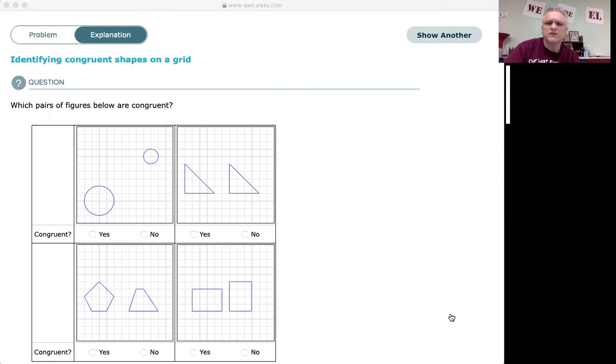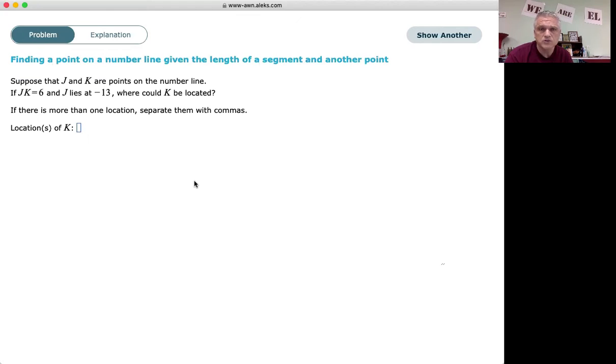I'll give you another one here. This is another question from that assignment, and this is saying that J and K are points on a number line. If the measure of JK is 6 units long, J lies at -13, where could K be located?